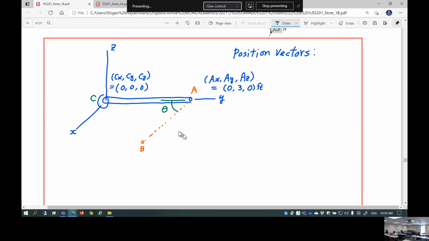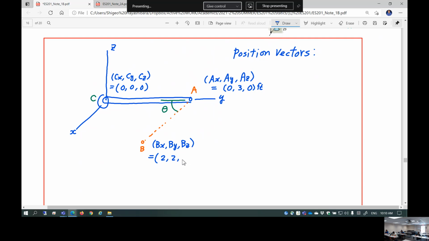How about B: BX, BY, BZ. Take a look at your note. What is BX? Is that 2? How about BY? Is that also 2? How about BZ?